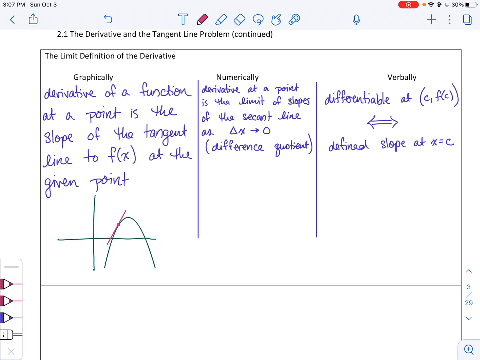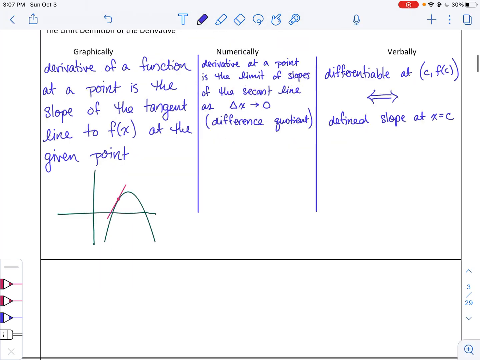Numerically, this is the limit of the slopes of the secant line, that first line we looked at, as the change in the x values approaches 0, so as those two points get closer and closer together. And we know that a function is differentiable at a point c if the slope is defined at x equals c. We'll get more into this as we continue.